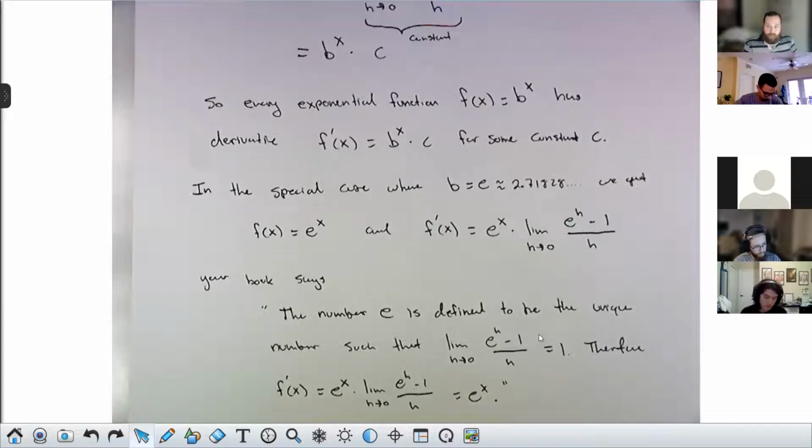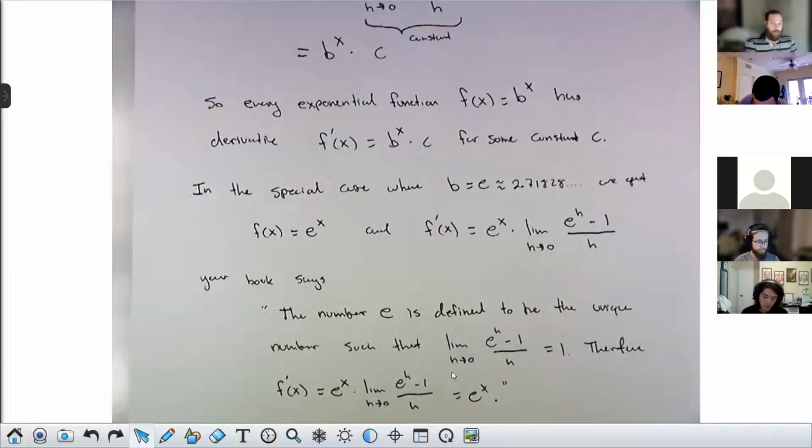It's correct, so we'll start there. They haven't told you a lie. The derivative of e to the x is e to the x, and this limit is 1. But this is not the definition of the number e that you saw in pre-calculus, or in college algebra, or anywhere else, or the definition that anyone on the planet besides James Stewart in this textbook uses, because it's a ridiculous definition.